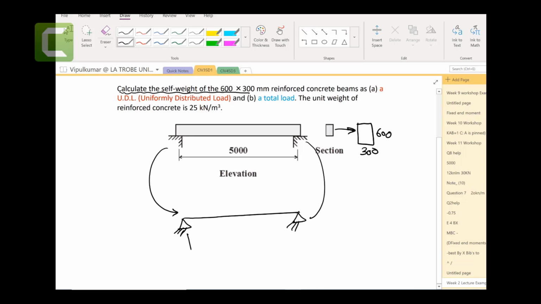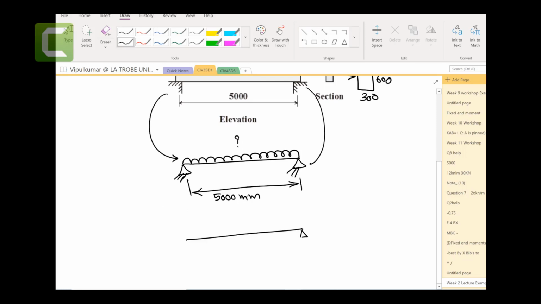This is the beam and this is 5000 millimeters given here. What we want to calculate is the weight. The beam will carry its own weight. What would be the load that is coming on here, and what would be the point load for the same beam? So that's the question.